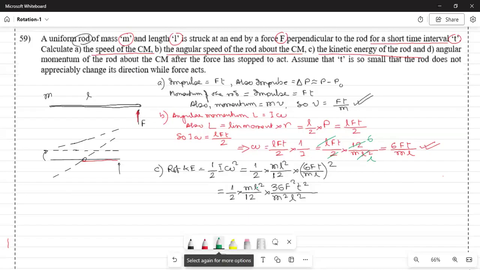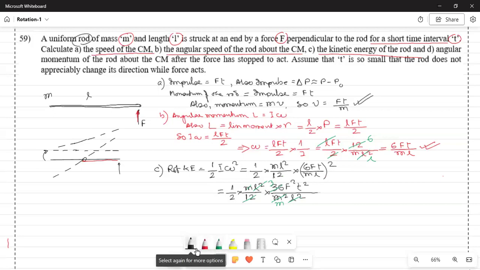Now this L square gets cancelled. 12 and 36 leaves us a 3 here. Also, this m and m square gets cancelled. We are left with only one m.